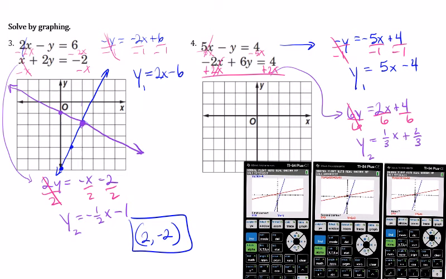Now, this would be a bigger deal if you had more than 2 curves in your y equals menu. That's why the calculator is asking, because you can put up to 10 functions. So the calculator just wants to know which 2 you want to find the intersection of. And for this last one, with linear functions, remember that usually we're going to have one intersection. The only way we can have more than one is if they're the same line, like we talked about, if they're consistent and dependent.